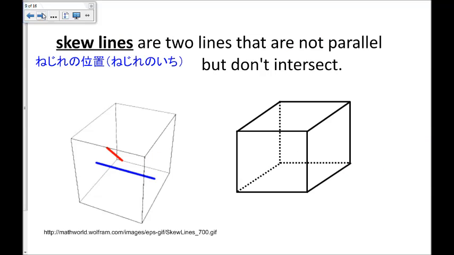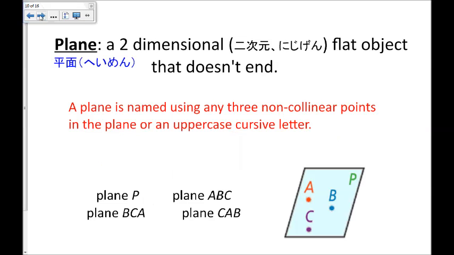Skew lines are lines that are not parallel but don't intersect. So for example, this line on the box and this line on the box. They are not parallel, but they will never intersect. They are skew lines.